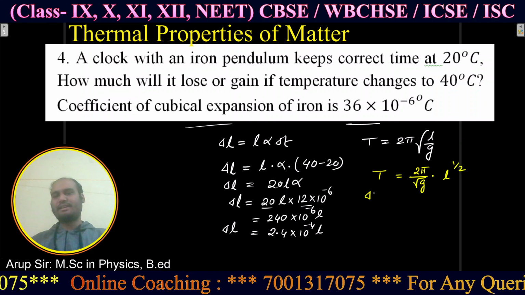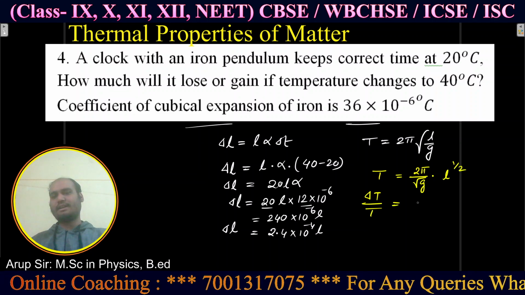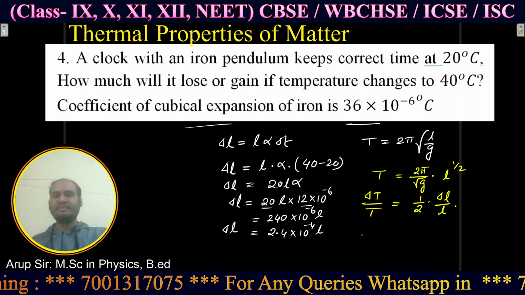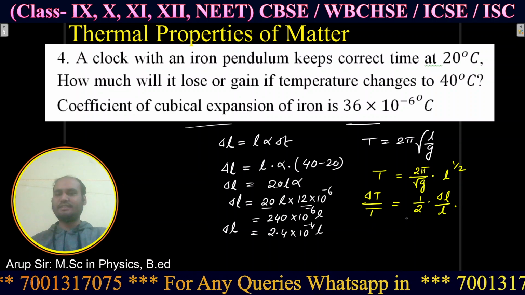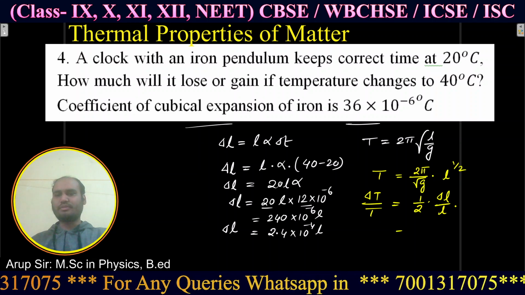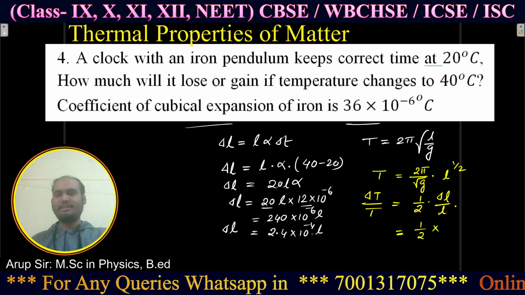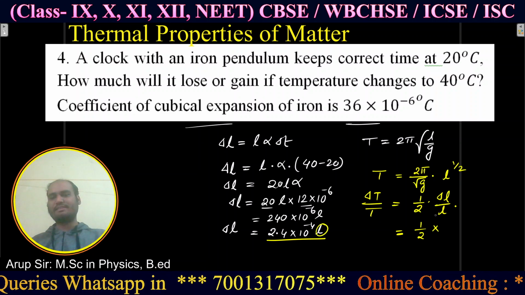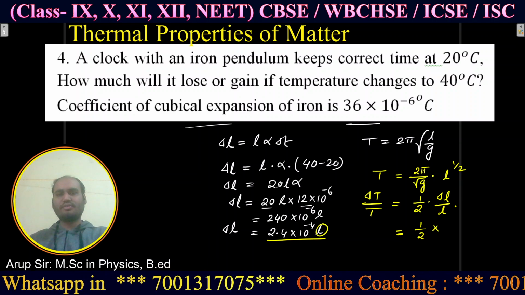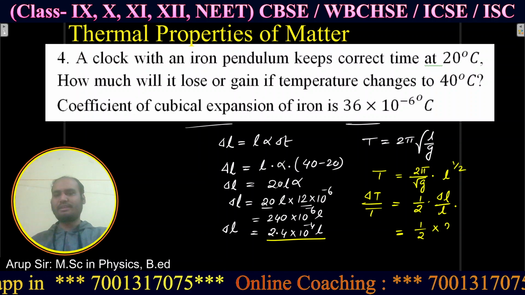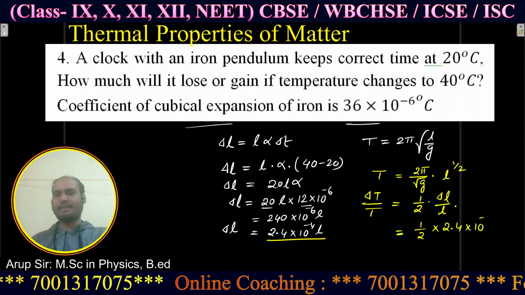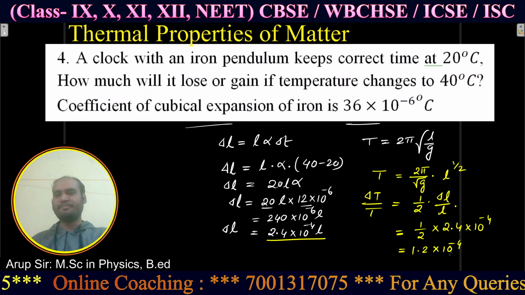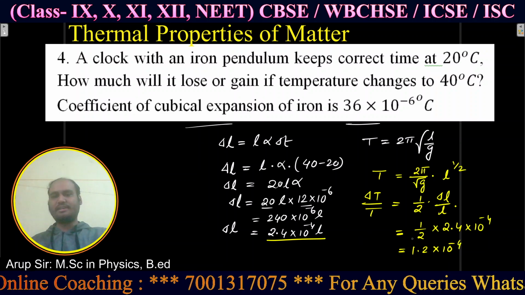Now simply delta T by T will be half into delta L by L. So delta T by T is equal to half into delta L divided by L, so the L's cancel out. After cancelling, we get half of 2.4 into 10 to the power minus 4, which is 1.2 into 10 to the power minus 4. This is the value of delta T by T.